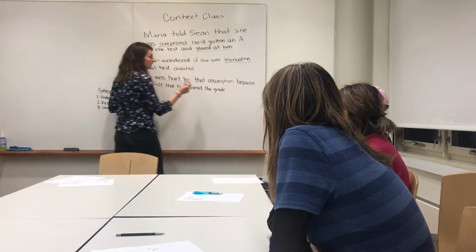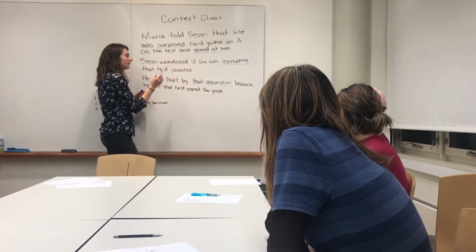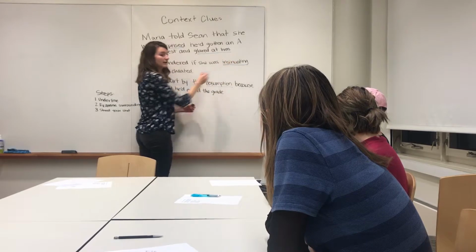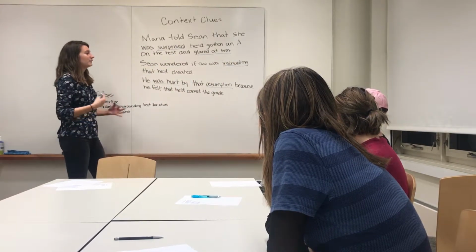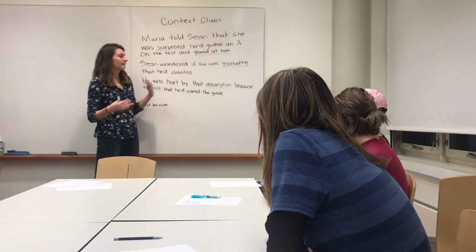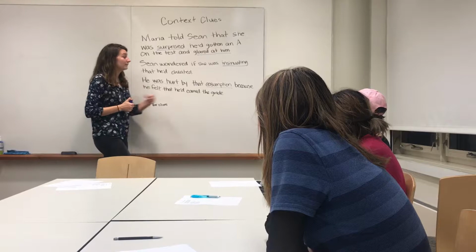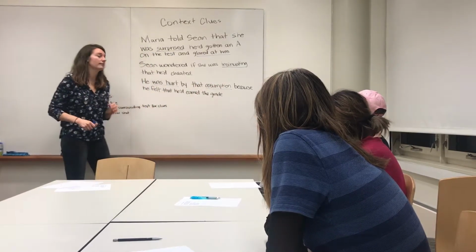And then we also have this synonym clue, it seems, because this word assumption is being used similarly in this sentence as it is in the insinuating situation. And so a synonym clue is what's going to pop up when you kind of feel like it's a word that's the same as the word that you're trying to figure out. And so if you know this other word but don't know this word, you can kind of draw some parallels. It makes a little more sense.